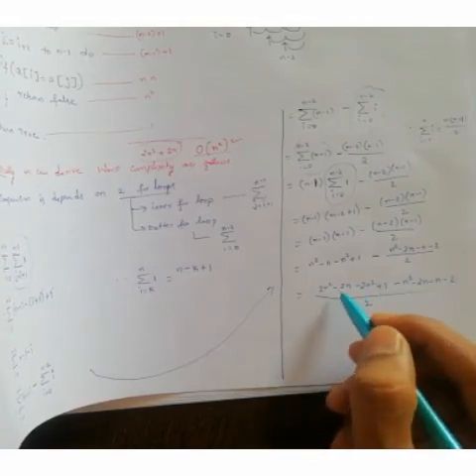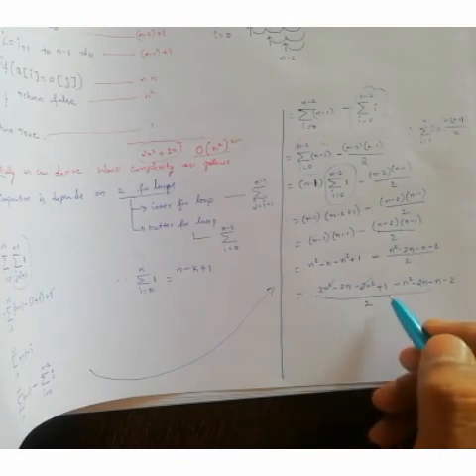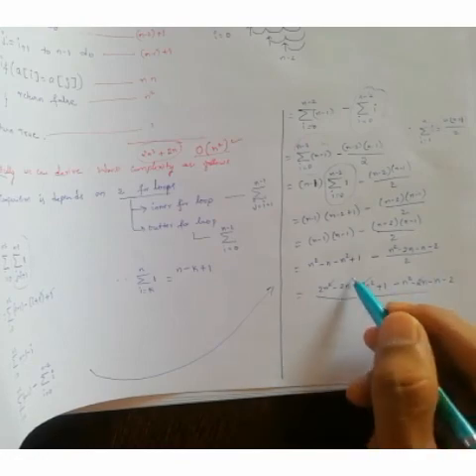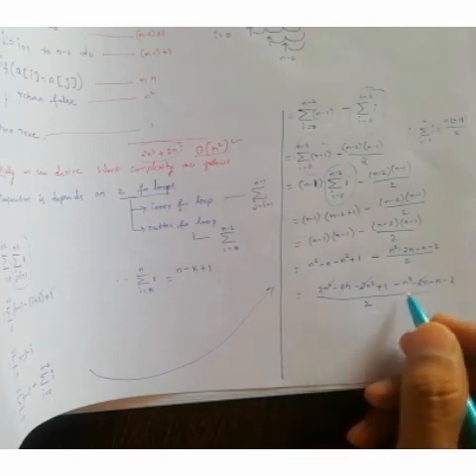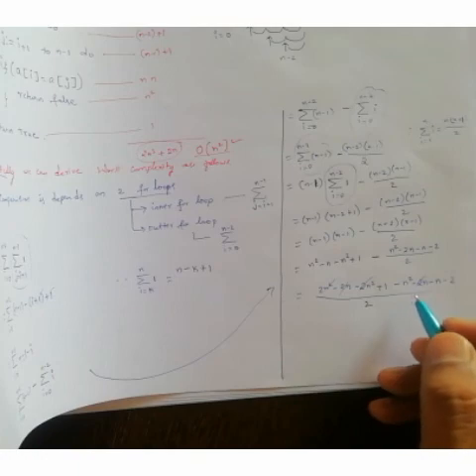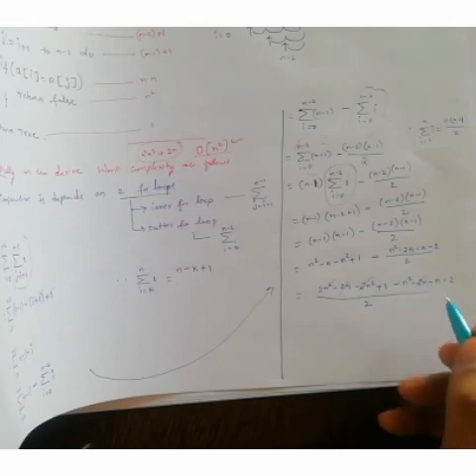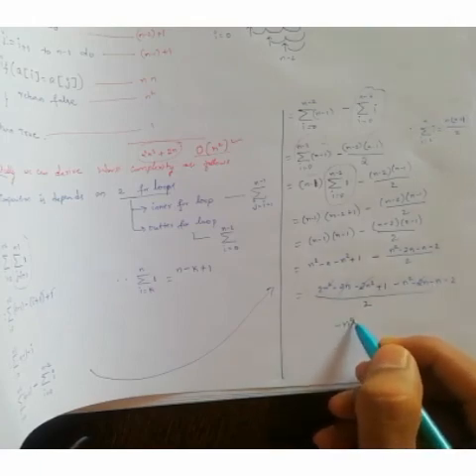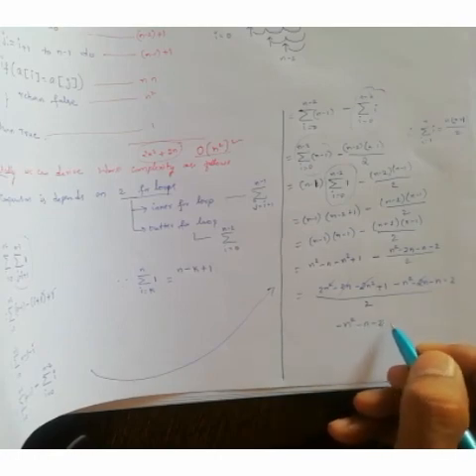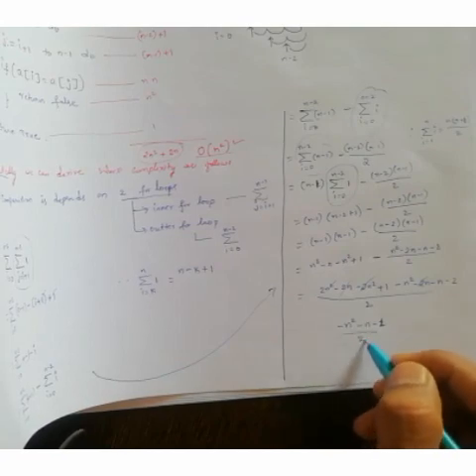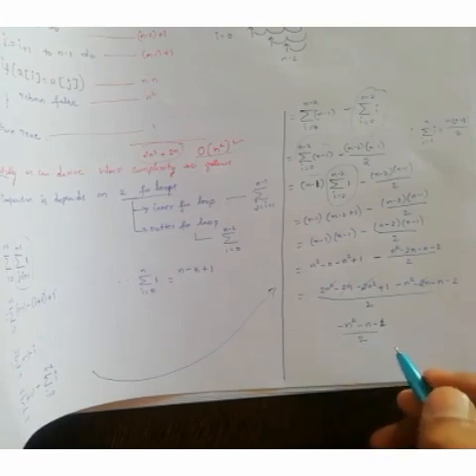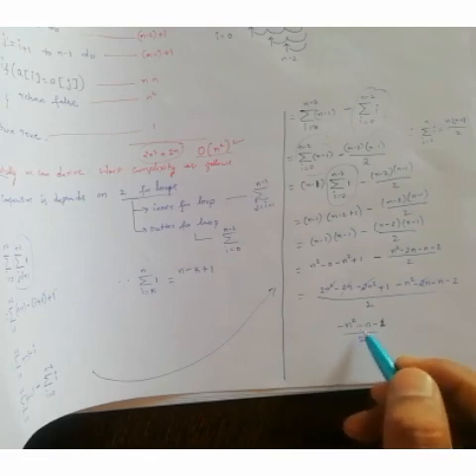So 2n square gets cancelled, 2n gets cancelled. So now what are the remaining? Minus n square minus n minus n square minus n minus 2 plus 1 minus 1 divided by 2.